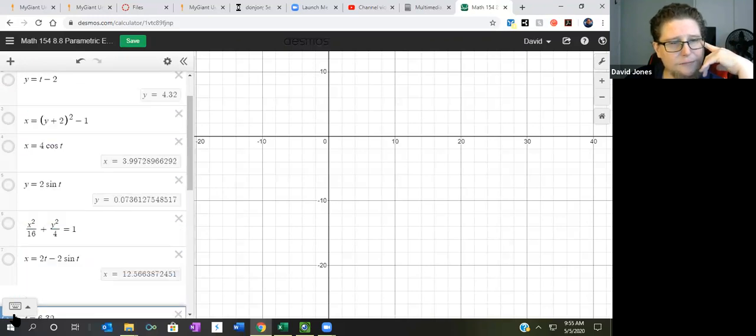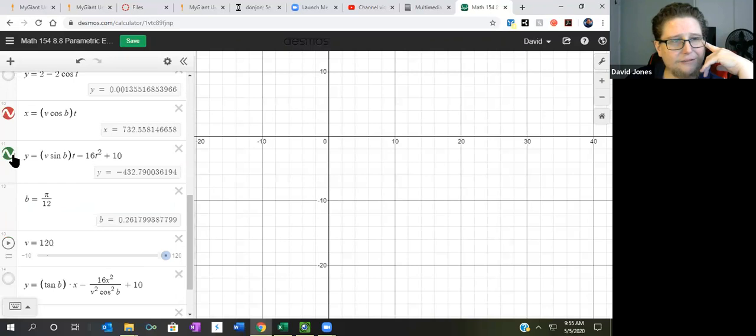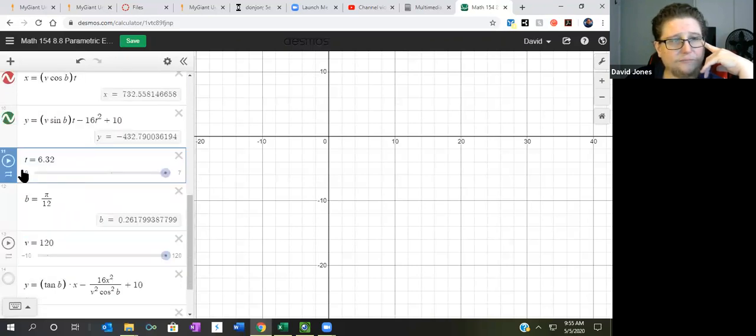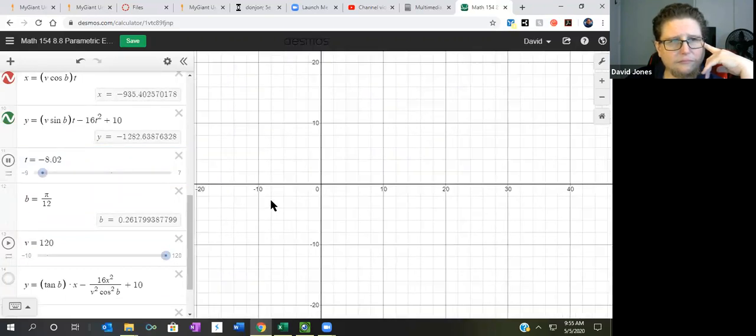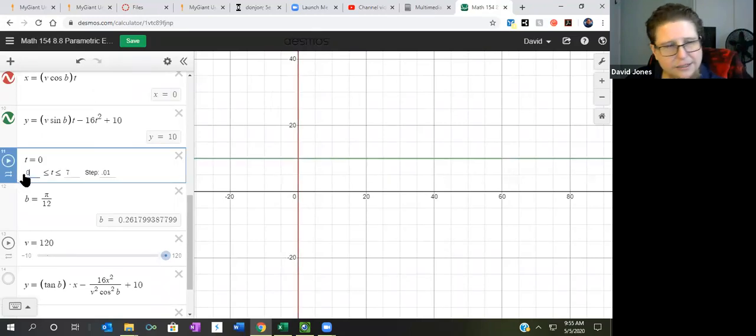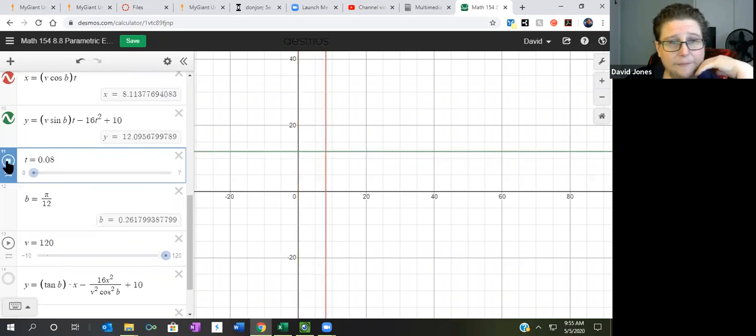Let's bring T down so I can use it easier. Doesn't make sense to start at -9. That's a negative launch time. Okay.